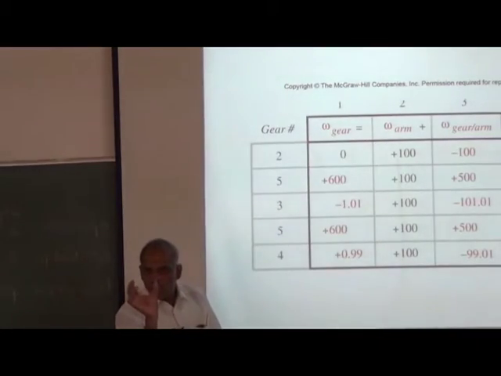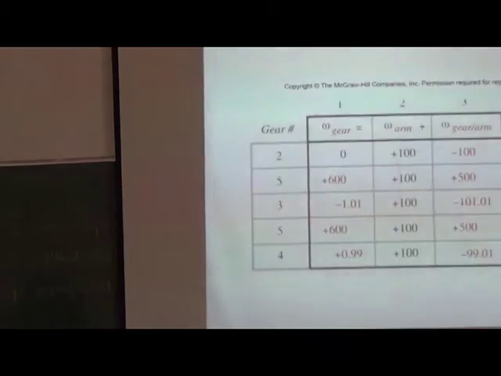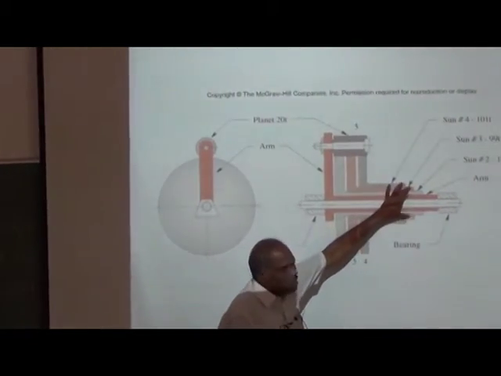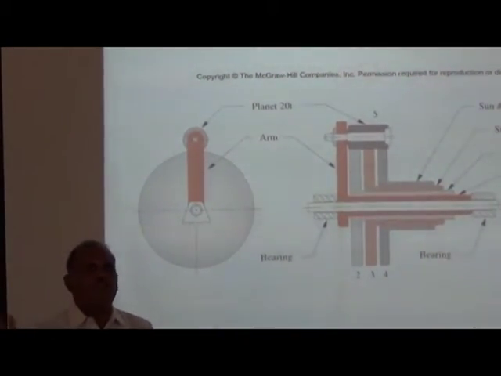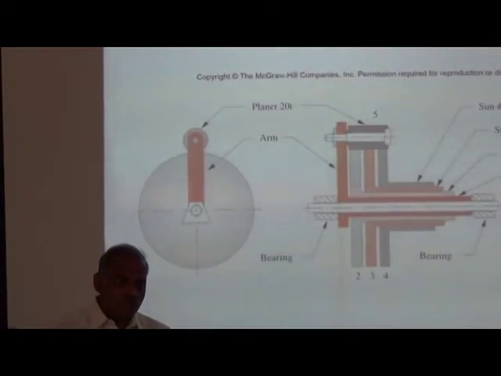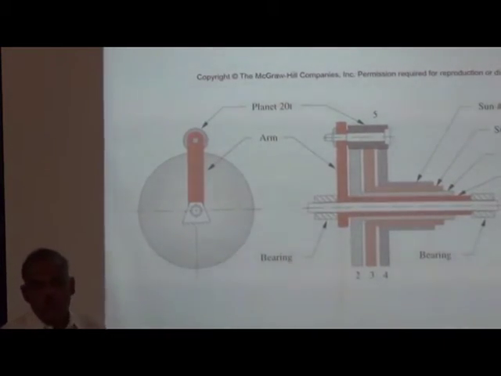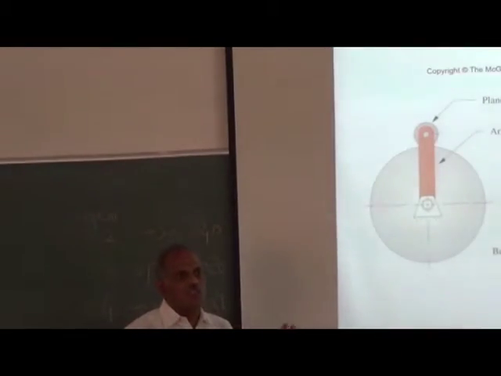By locking any of these, you can lock here this or this or this by a hydraulically actuated brake, and get different output ratios. That is the advantage. It is used extensively in automatic gearboxes. So you can have a reverse also. For reverse, you don't have to engage, you just put it in reverse, then the particular output is taken.